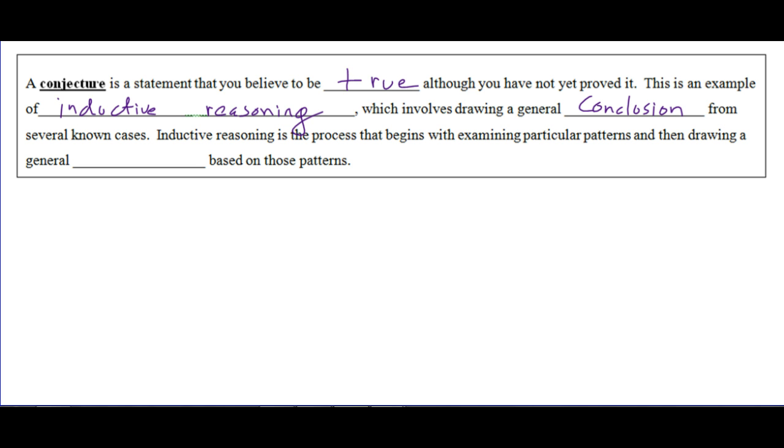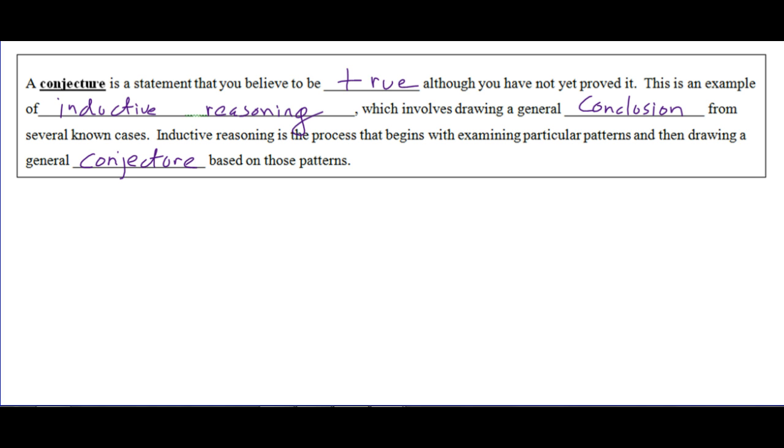Okay, so we try something a few times, right? And we say, hey, I think this is going to be true all the time. Inductive reasoning is the process that begins with examining particular patterns and then drawing a general conjecture based on those patterns. Okay, so you're going to come up with a conjecture, right?